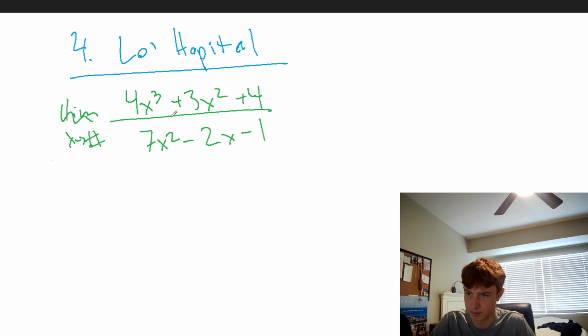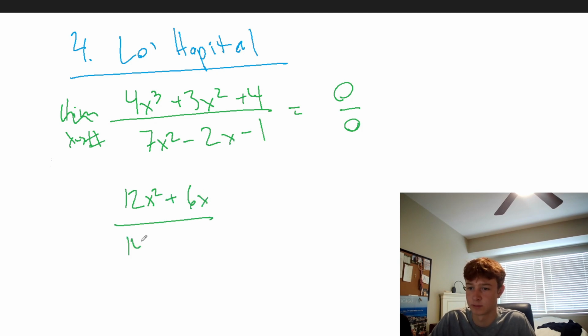So let's say we plugged in a number to this limit and we got 0 over 0. So now what we need to do is take the derivative of the top and the bottom separately. So we're not using the quotient rule or anything like that. We're taking the derivative of the top and then the derivative of the bottom. So 12x squared plus 6x over 14x minus 2.